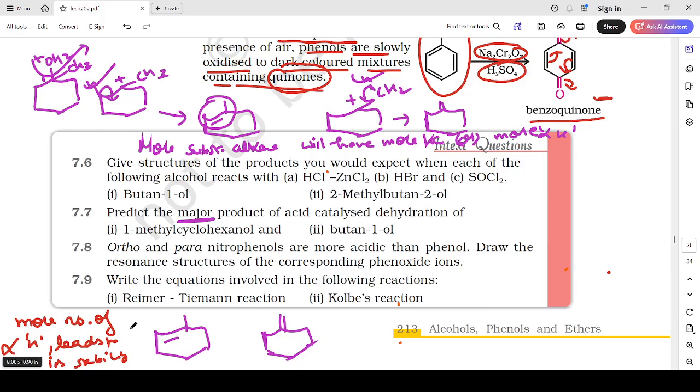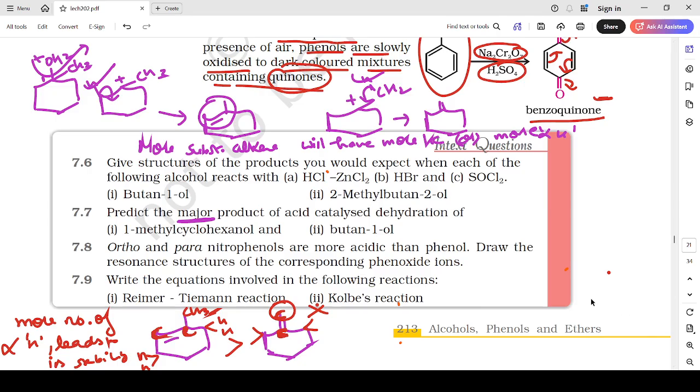Hyperconjugation is very similar to resonance. So you're having C=C here. This carbon has 2 alpha hydrogens. This carbon here has 3 alpha hydrogens, and again here it has 2 alpha hydrogens. But look at this: this carbon does not have any alpha hydrogens at all. This carbon has 2 alpha hydrogens. Compare which structure has more alpha hydrogens. Obviously this structure.